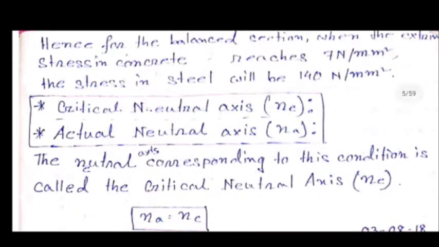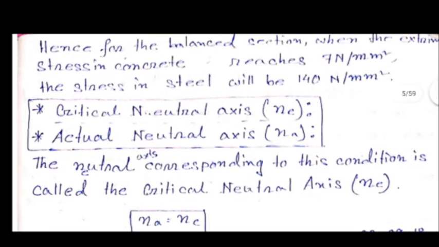Hence, for the balanced section, when the extreme stress in concrete reaches 7 Newton per millimeter square, the stress in the steel will be 140 Newton per millimeter square. That means the maximum permissible stresses are reached in the compression zone and tension zone at the same time. That is called a balanced section.